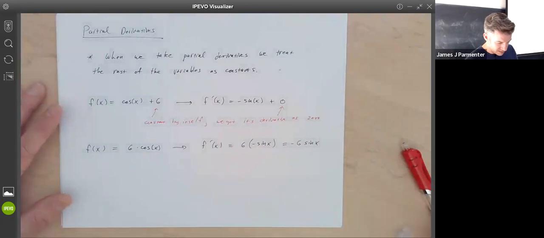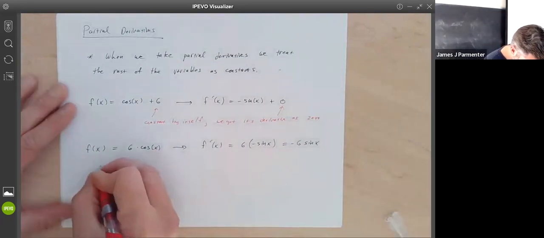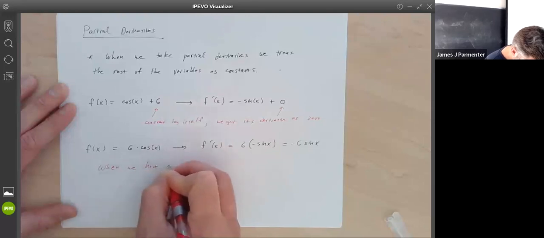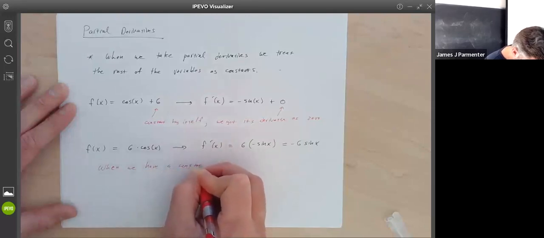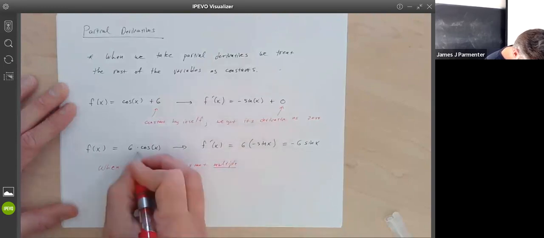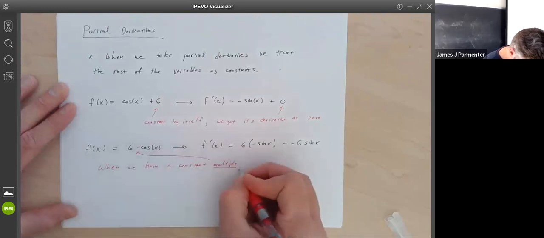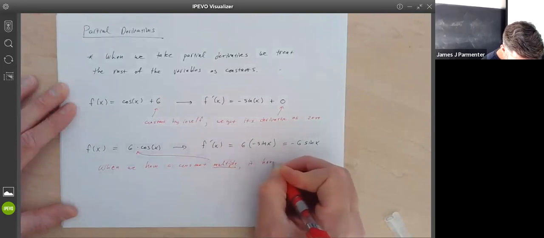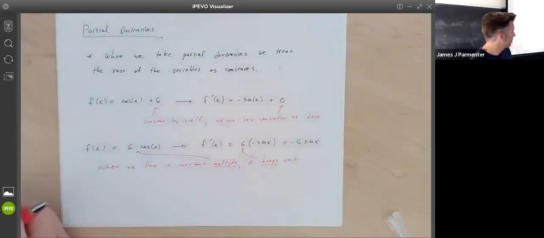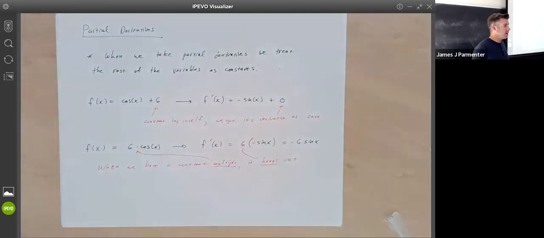What I like to say is that when we have a constant multiple, it hangs out. It sticks around. It's not going anywhere. So constant multiples hang out. Constants on their own have a derivative that's 0.